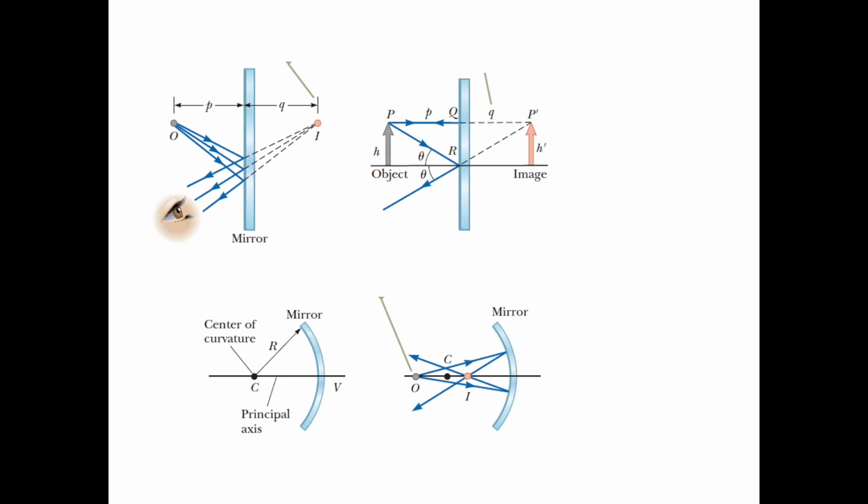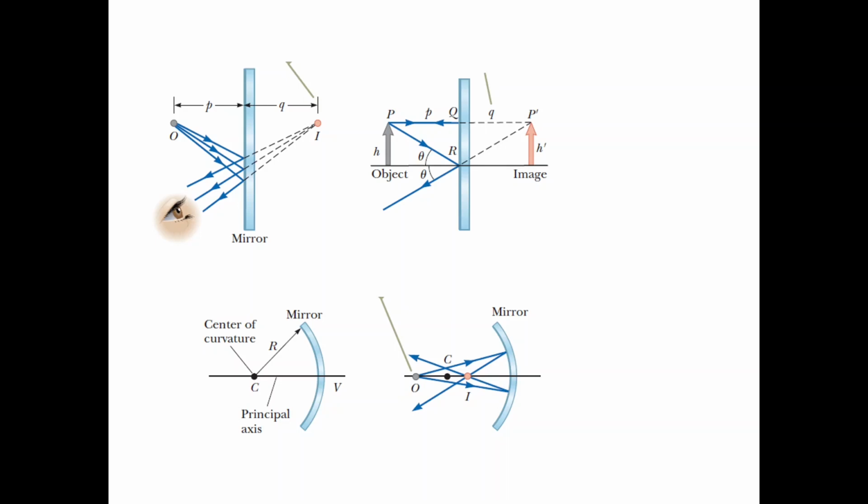According to the law of reflection, they are reflected from the flat mirror and observed by some external observer. What appears to the external observer is that there is some image of this object O located behind the mirror, and if we extend the reflected rays, they will converge in some point, which gives us the position of the image of this object.